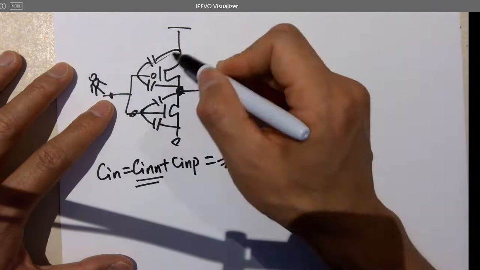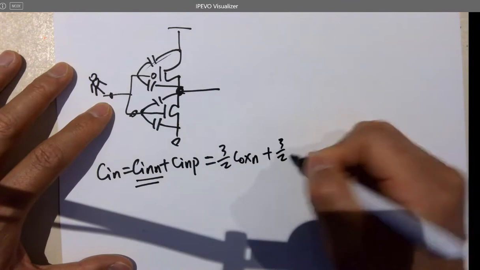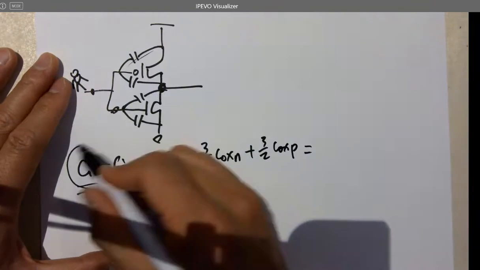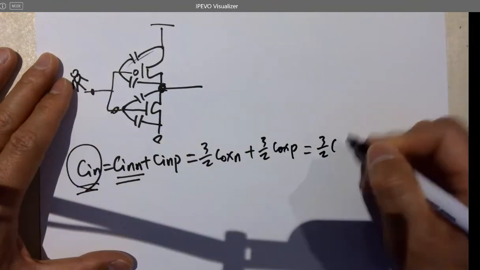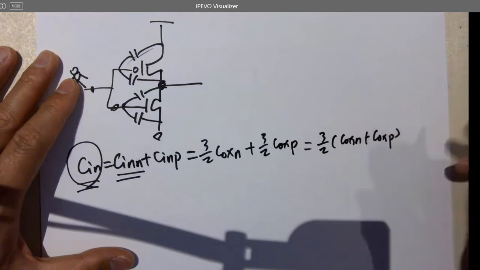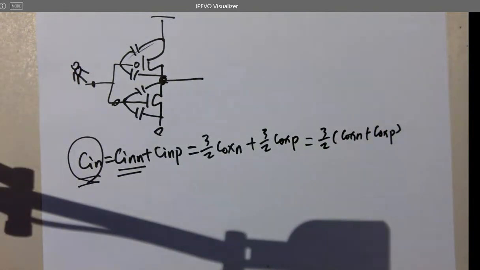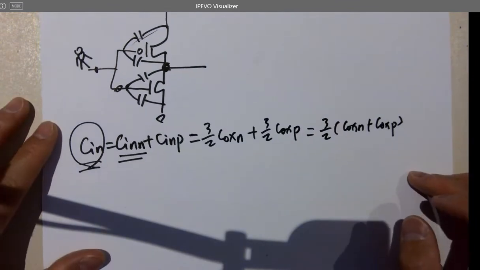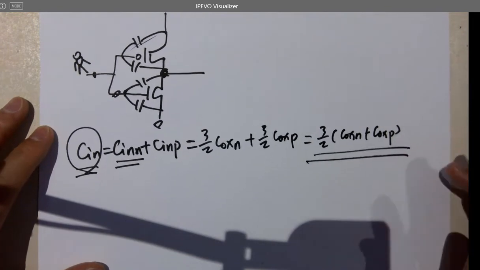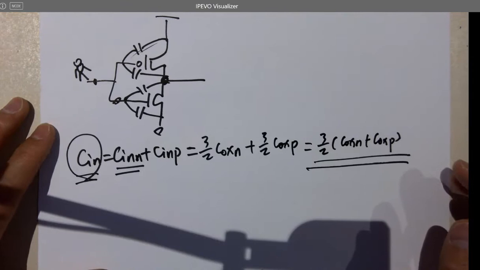And C in P is 2/3 of Cgs P. So C in overall will be 2/3 of Cgs N plus Cgs P. Okay, that's the overall input capacitance.